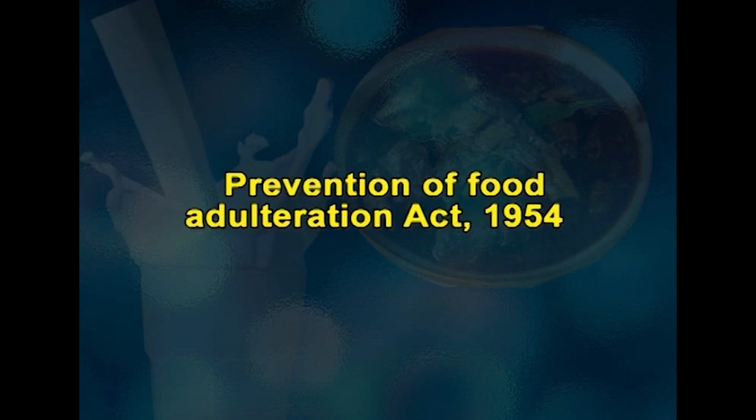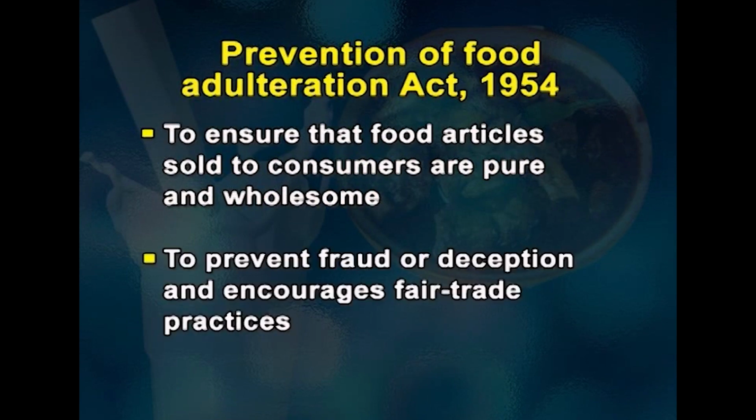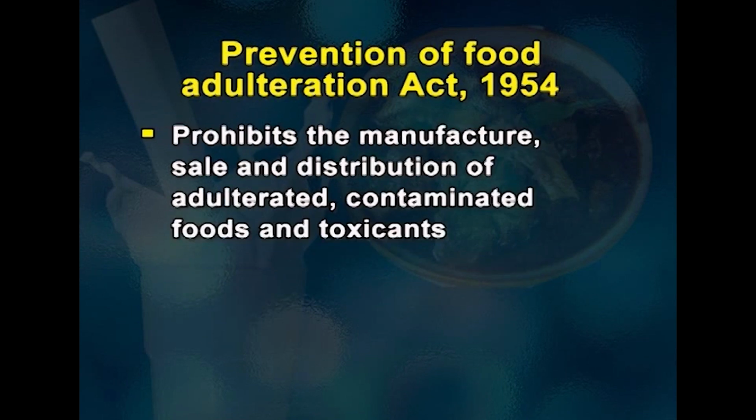It aims to ensure the food articles sold to consumers are pure and wholesome. Second, to prevent fraud or deception and encourage fair trade practices. And third, it prohibits the manufacture, sale and distribution of adulterated, contaminated foods and toxicants.